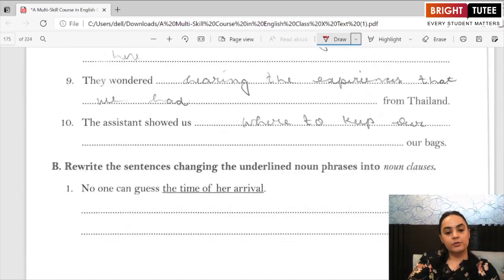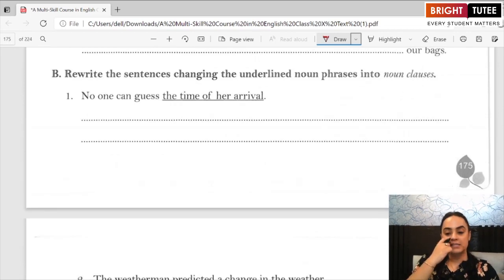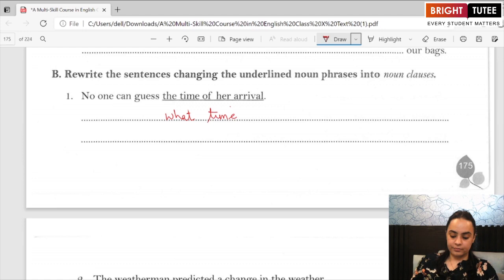Now let us look at the next question. It says, rewrite the sentences changing the underlined noun phrases into noun clauses. So you're given the noun phrases and you have to change them to noun clauses. Okay. No one can guess the time of her arrival, or what time she will arrive.